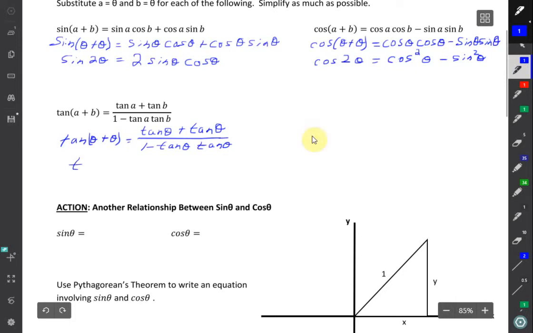Simplifying, we have tan 2 theta equals tan theta plus tan theta, which is 2 tan theta, all over 1 minus tan theta times tan theta, which is tan theta squared. And there's our third double angle formula.